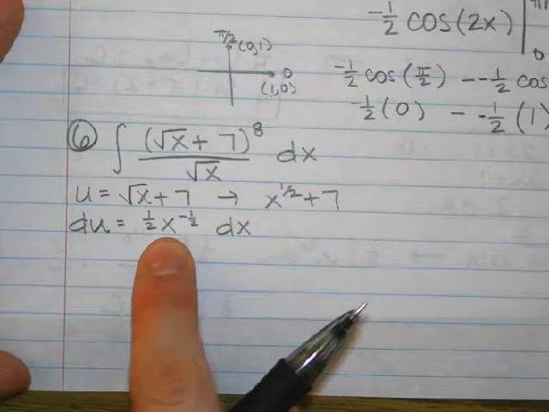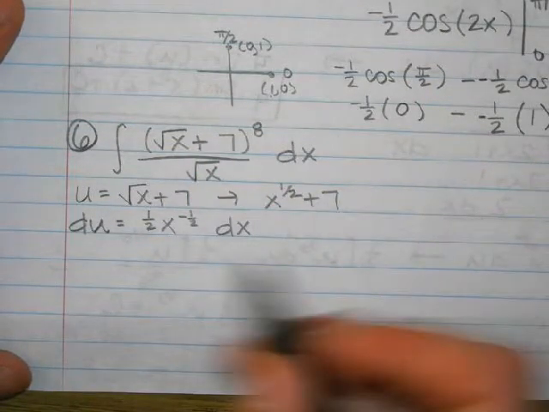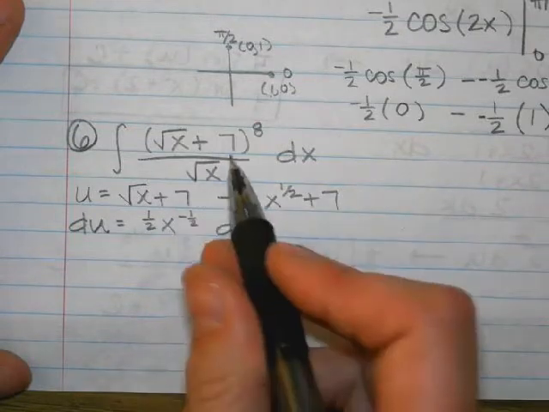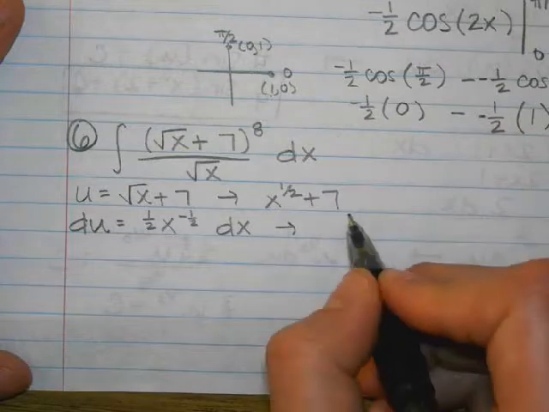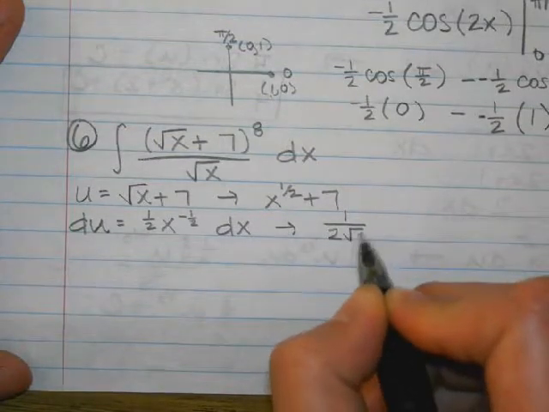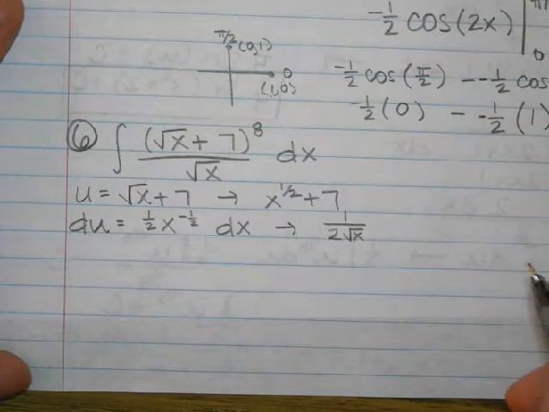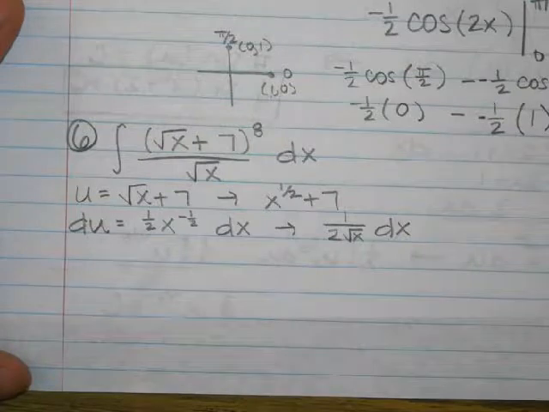And in this problem, they didn't have rational exponents, they had radicals. So how would this have shown up in our problem? What would it have looked like? Square root x, right?